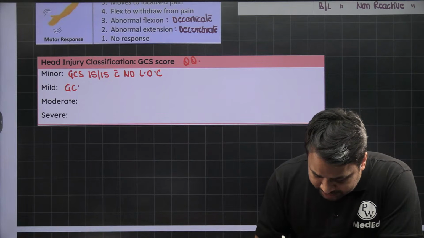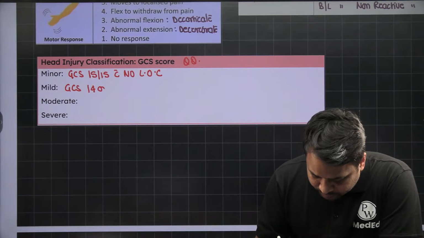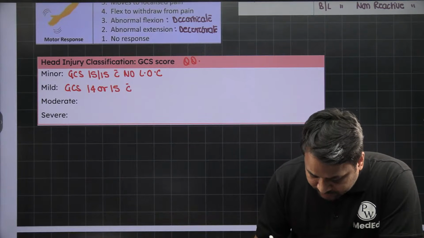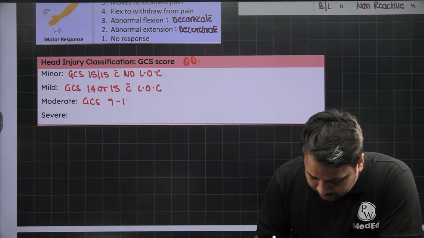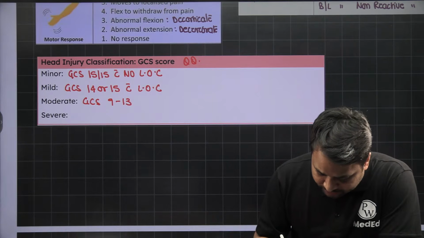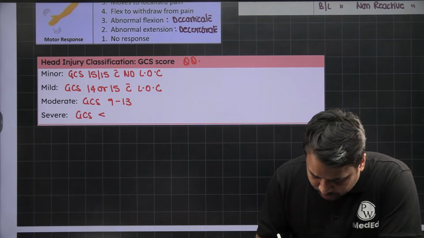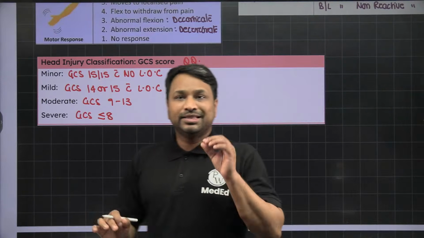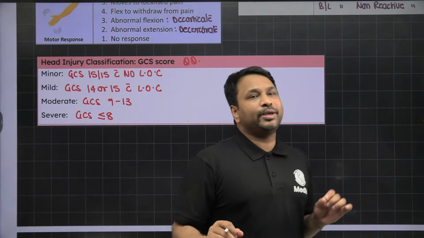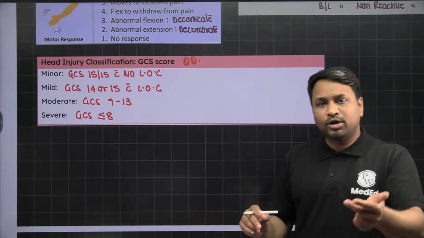Mild is GCS 14 or 15 with history of loss of consciousness. If GCS is between 9 to 13, then it is moderate, and if it is less than or equal to 8, it is considered severe.